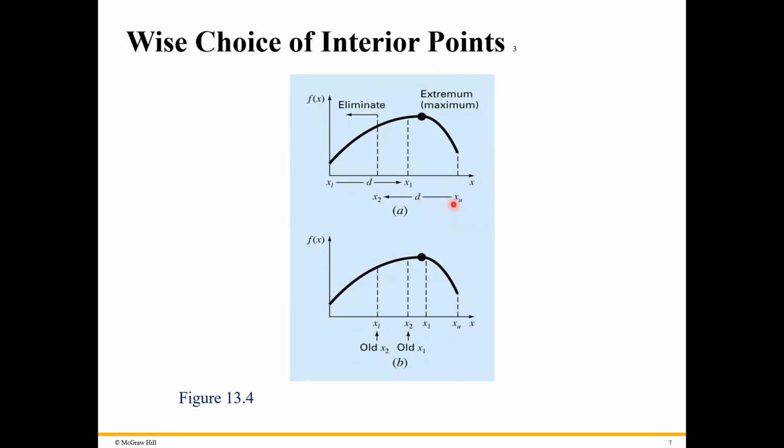And similarly, x2 is a point which is a distance d from xu, that is xu minus d. Okay, and then similarly for the other case. So one is for the increasing case, the other is for the decreasing case. But in any case, x2 is always on the left hand side of x1. Okay, x2 is always on the left hand side of x1.